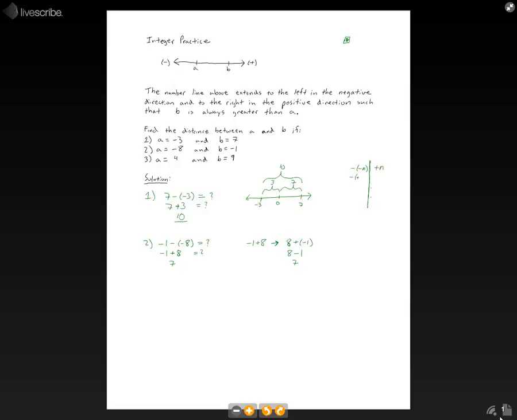If you have minus a positive number, that becomes minus. If you have plus a negative number, that'll become minus. And if you have plus a positive number, that is plus.